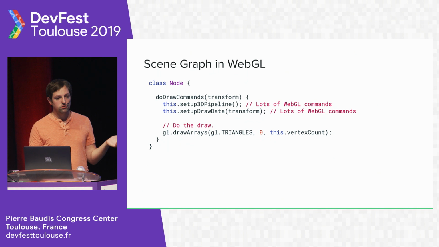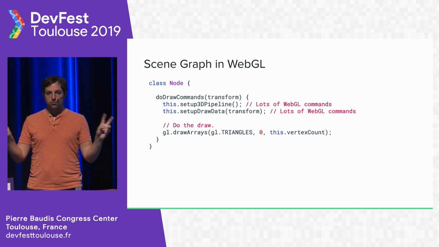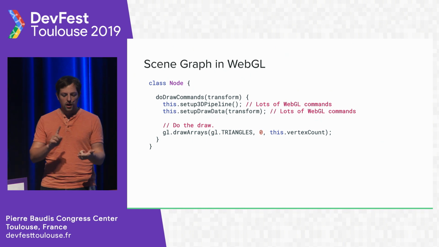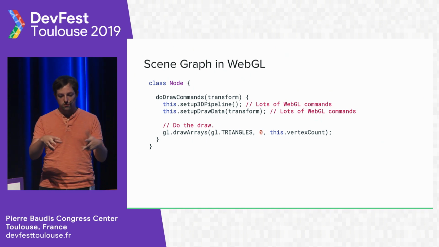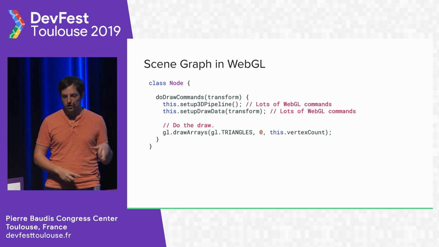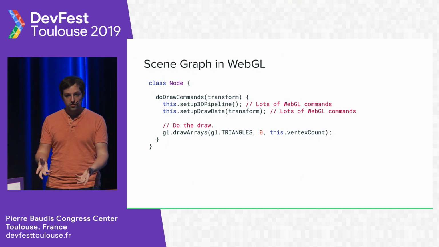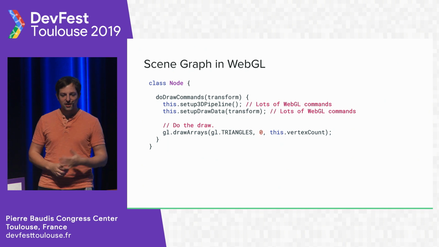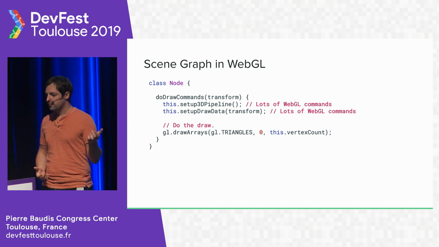When doing the actual WebGL commands to draw, it looks like this. So first in WebGL, we set up the 3D pipeline. So we set up options like how triangles are rasterized, how our colors are blended together, how the different vertices of the mesh are fetched from memory, etc. And then we give a bunch of resources to WebGL to do the drawing. For example, textures, or more textures, or transformation matrices, things like this.